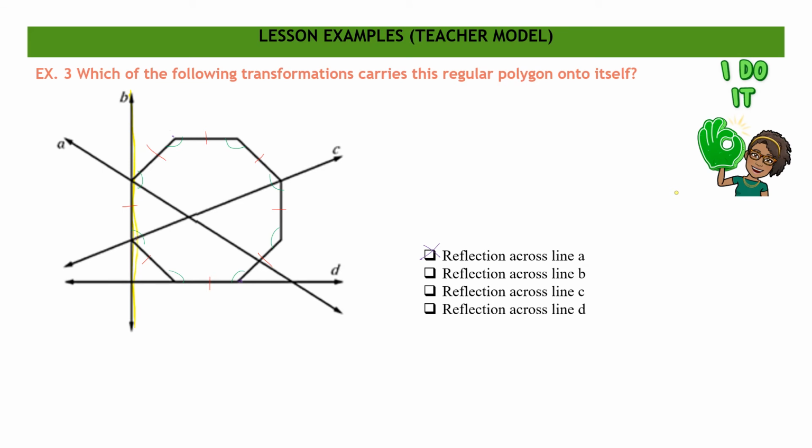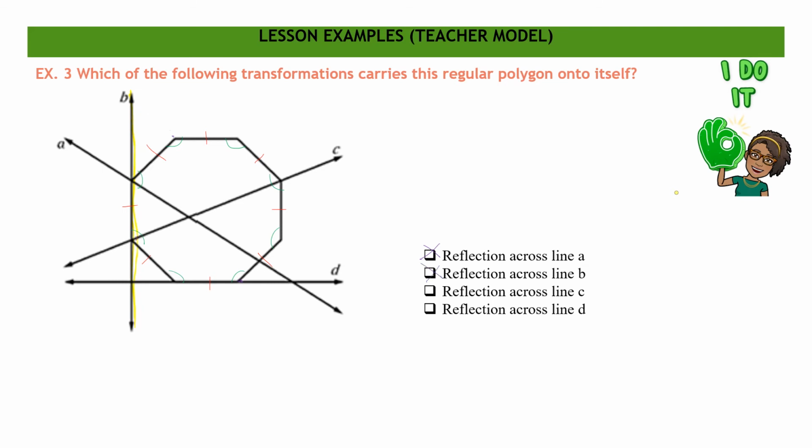Now, if I flipped this regular octagon along this line B, it's actually not going to flip back onto itself. All it's going to do is create another polygon on the opposite side. So it's not actually transforming or carrying it back onto itself. So that's incorrect.